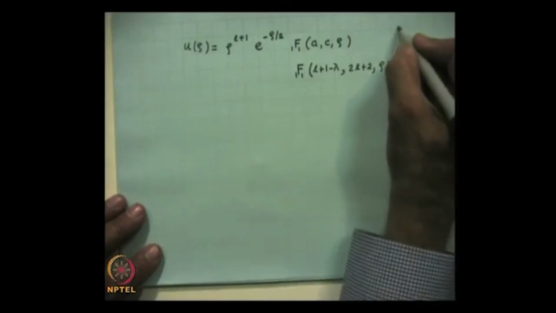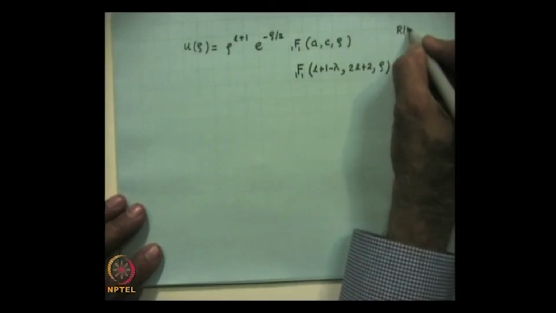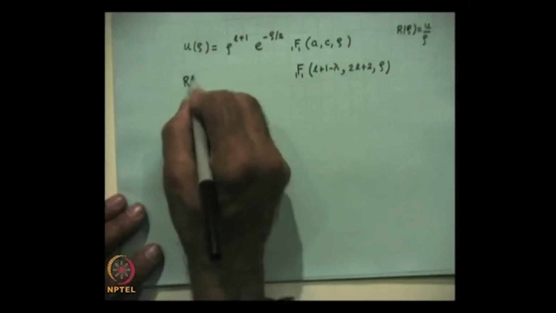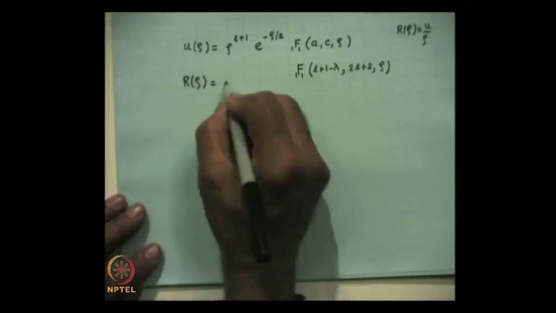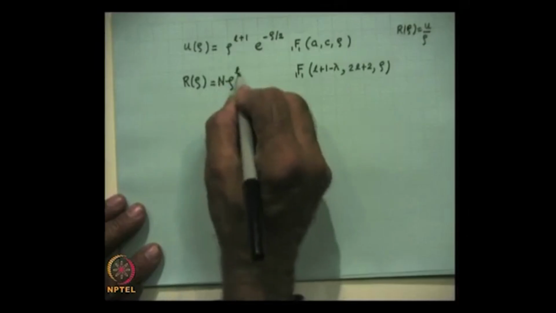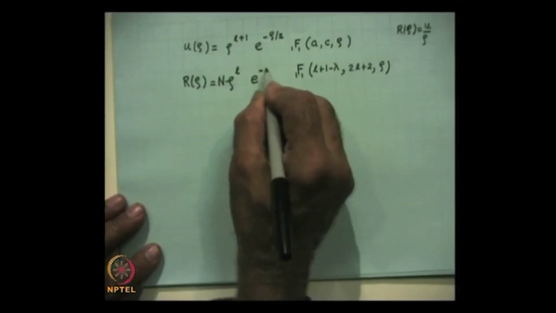You may recall that R of rho was equal to u of rho by rho. So, the radial part of the wave function was equal to a normalization constant multiplied by rho to the power of L e to the power of minus rho by 2 and so on.